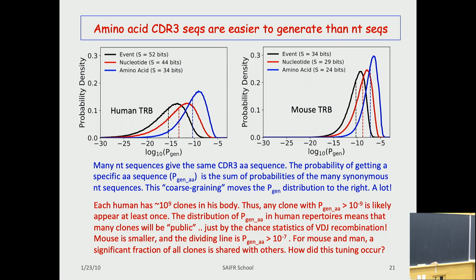And then when you do this further coarse graining onto amino acid, the probability distribution shifts further to the right. And interestingly enough, the transition between everybody's likely to have this amino acid sequence and it'll be not shared by everybody is, roughly somewhere in the middle of the distribution.